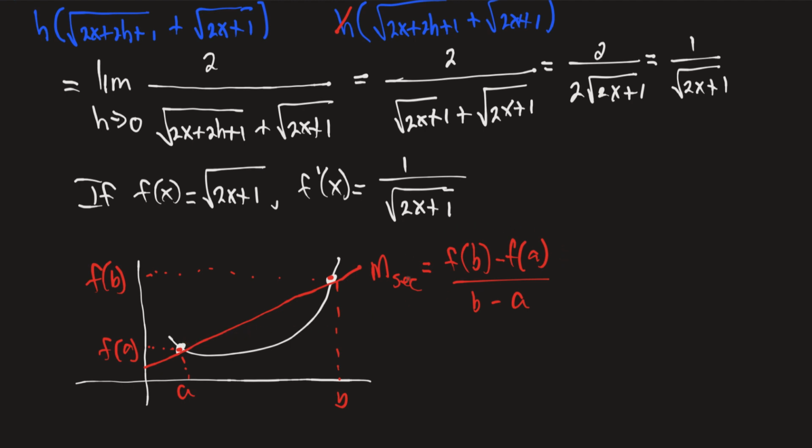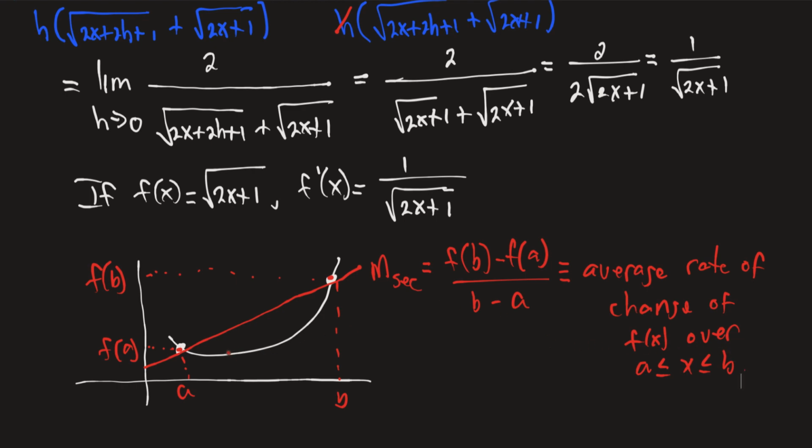And in addition to calling it the slope of the secant line, you might recall that this is also defined as what we call the average rate of change of f of x over the interval x greater than or equal to a, x less than or equal to b, right?